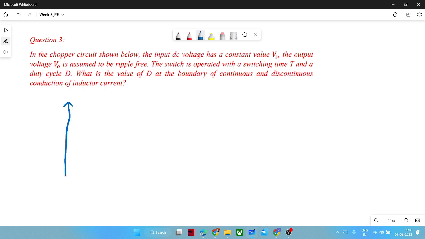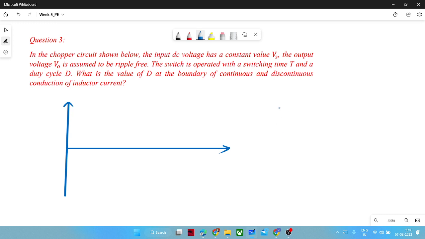So see, generally, the circuit is not given. It is just your buck converter, whatever we just saw.